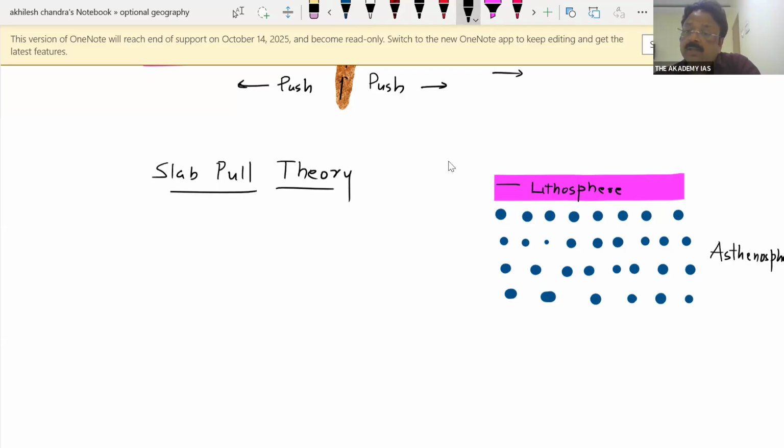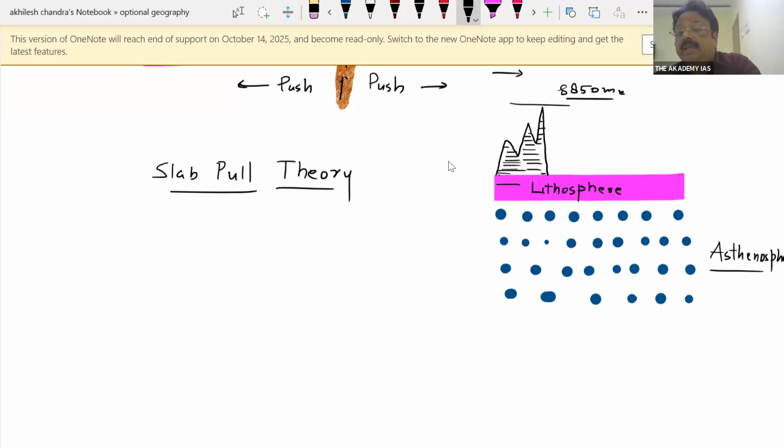And not only this, the lithosphere is containing various lofty mountains like Mount Everest and all, which is reaching up to several kilometers, let's say 8,850 meter height. This is the maximum height.